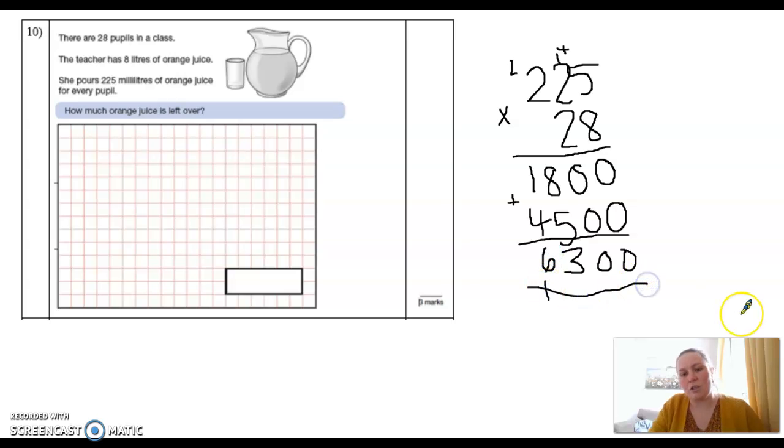Okay, so she's poured out 6,300 millilitres, but I want to know how much is left over. Now she started with 8 litres, so I need to convert that 8 litres into millilitres. So 8 litres is 8,000 millilitres.